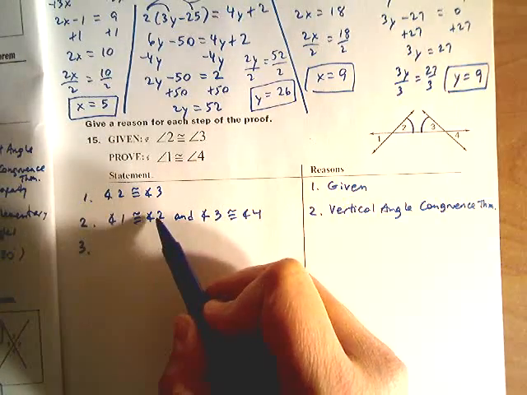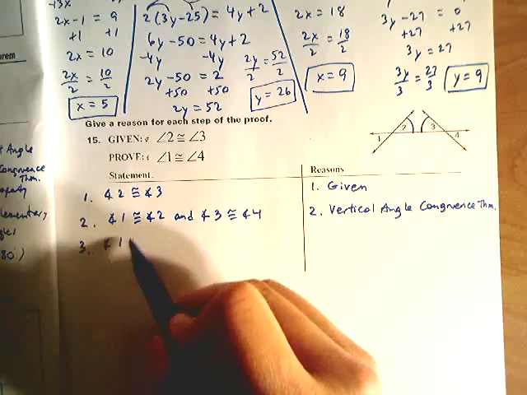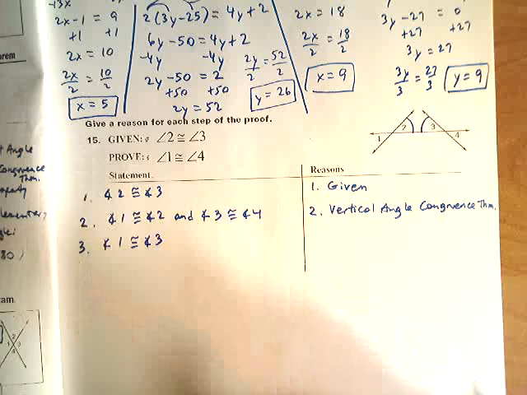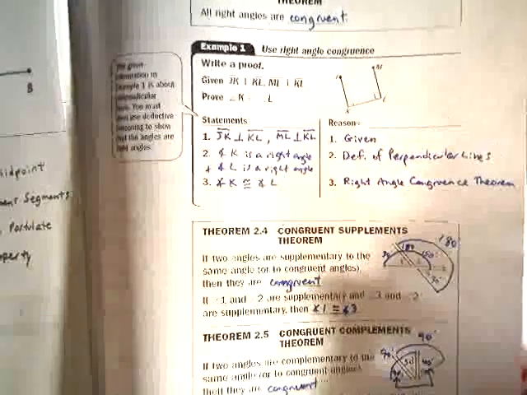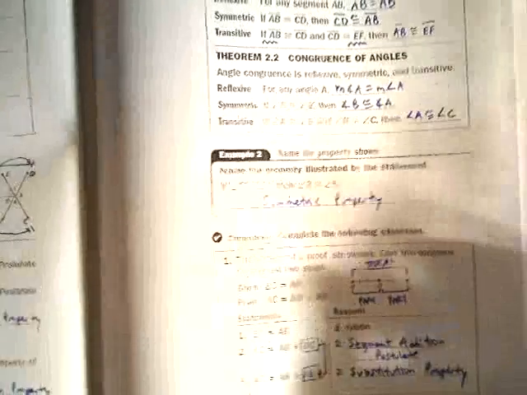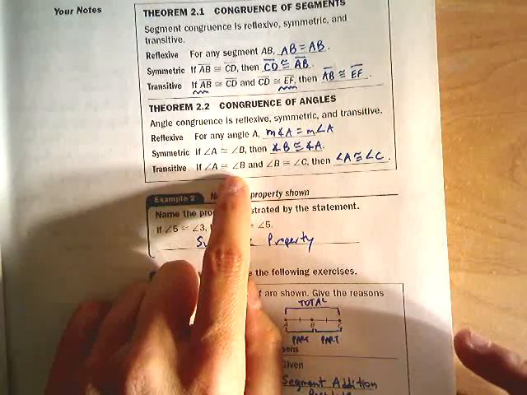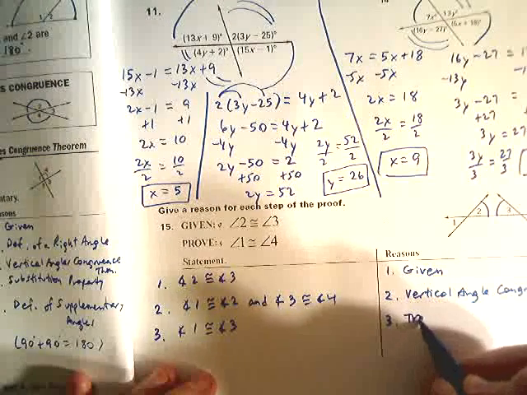If 1 is congruent to 2 and 2 is congruent to 3, then angle 1 is congruent to 3? Well, that is back here in the packet. That's the transitive property. So that's what I'm going to write.